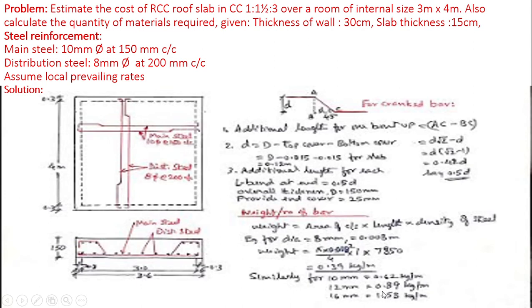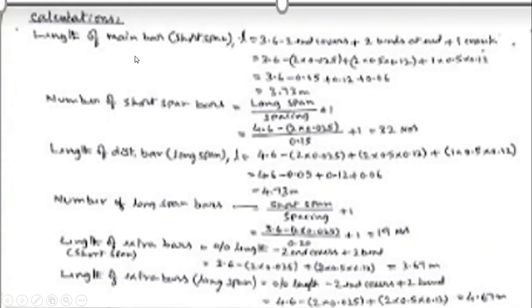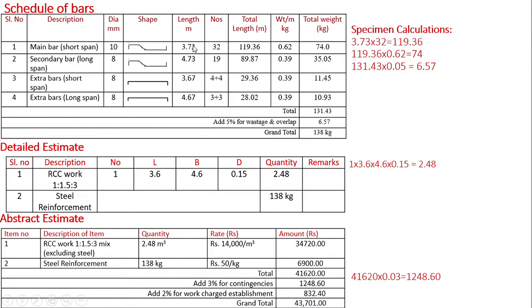The calculation part: before we draw the tables for detailed estimate, abstract estimate and schedule of bars, we need to calculate the length and number of different sets of bars. For the given slab, there are 4 sets of bars. Set 1 is main short span bars.